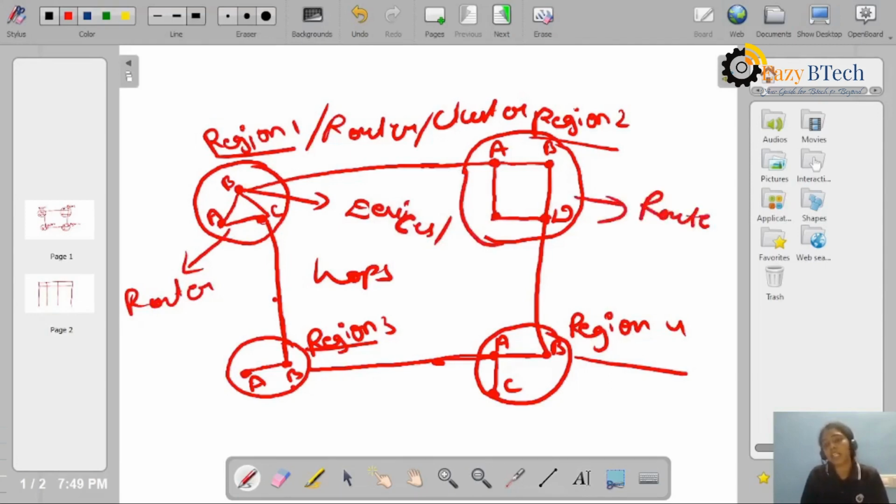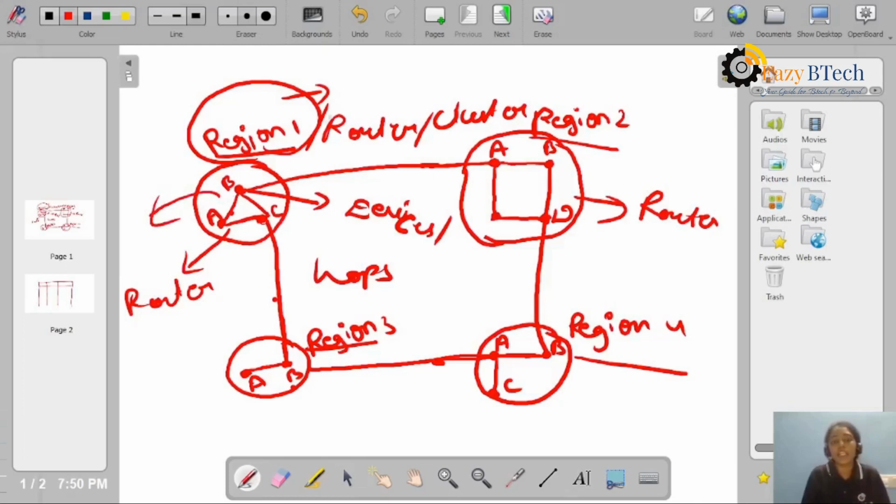How can we communicate? Every router maintains all the details about the hosts within its region. It will maintain the hosts A, B, C of this particular region.